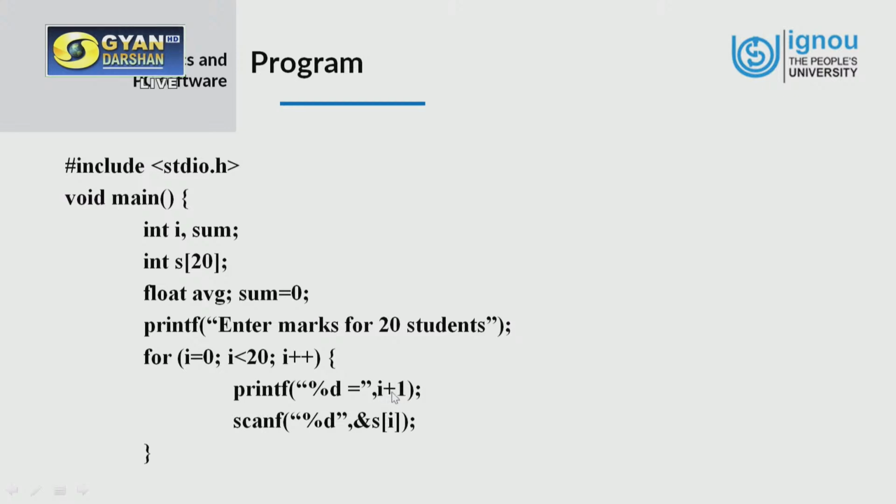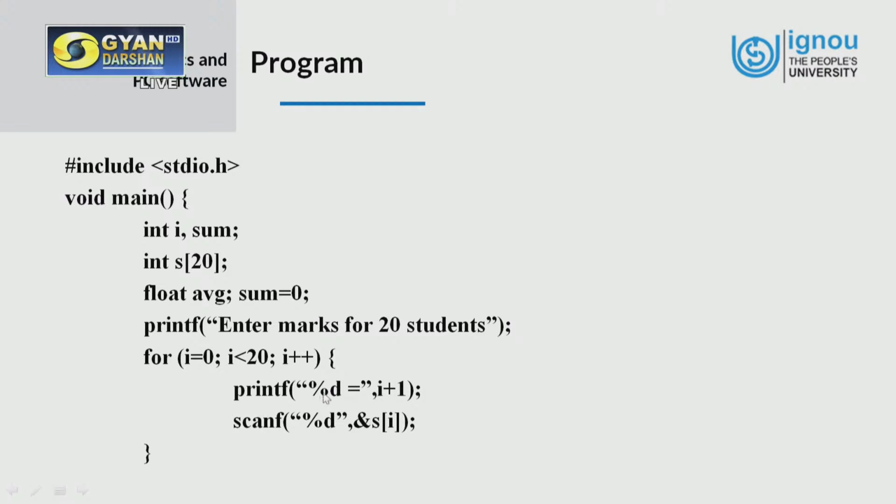Actually you will print I plus 1. So when the value of I is 0, it will print 1. That is, enter the marks of first student, so that you don't get confused among the indexes. After all, the person who is inputting the data may not be the person who is programming it. So for him, 0 does not matter.